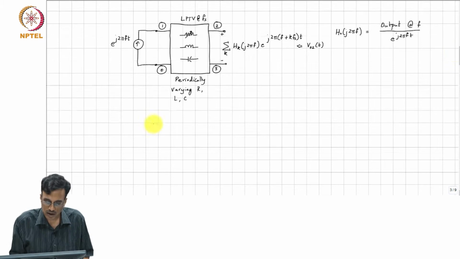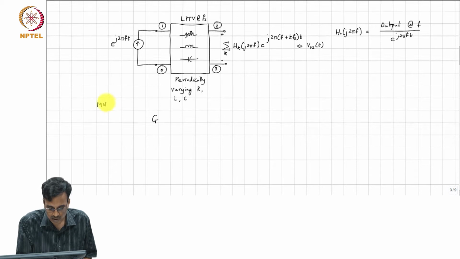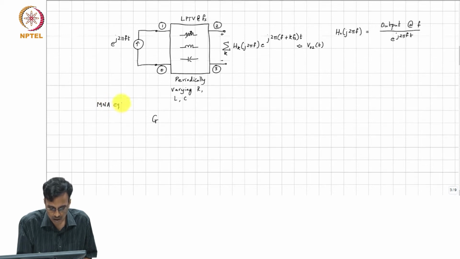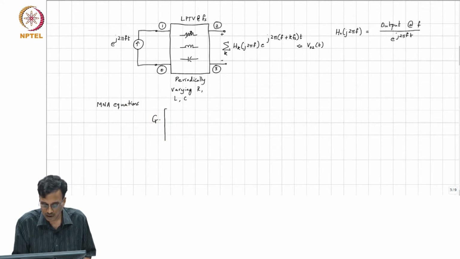Now, what do we do when we write the G matrix, again we get a set of equations. So, we will write the MNA equations. G times the V matrix, right.